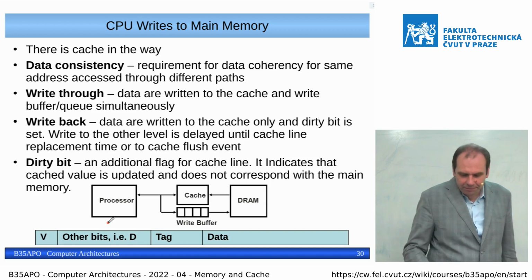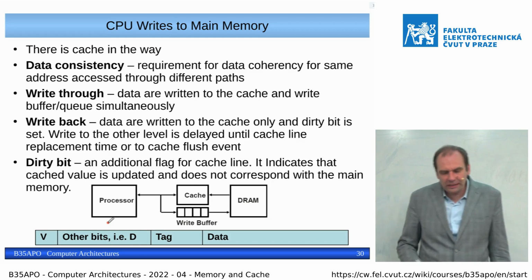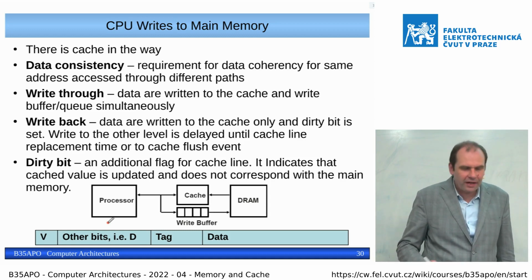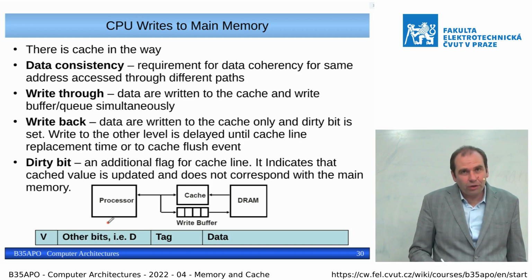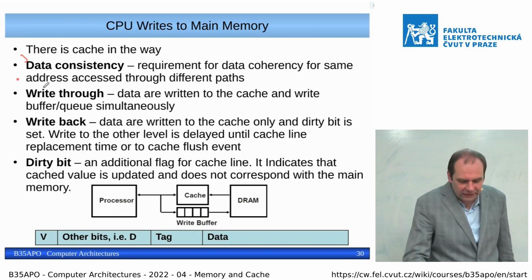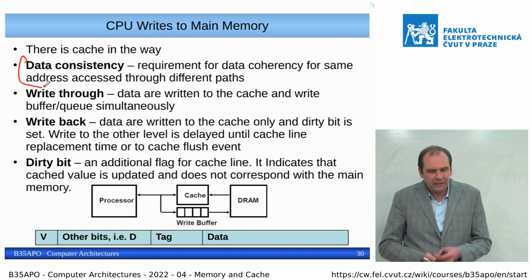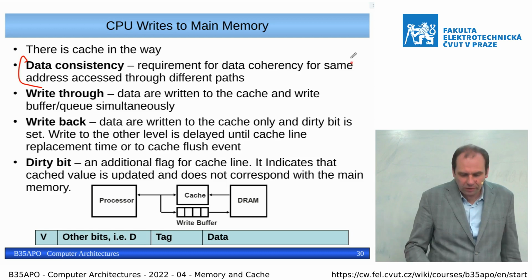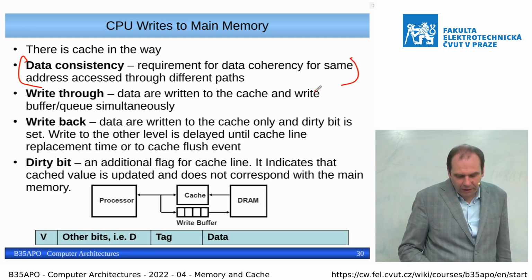And when a CPU writes to the main memory, then we need to keep some data consistency with the peripherals and other CPUs and so on. It is out of the topics of our subject, but you should know that there is this problem: if you have two threads accessing data from two cores, each running its own program, its own thread, then there can be a problem.